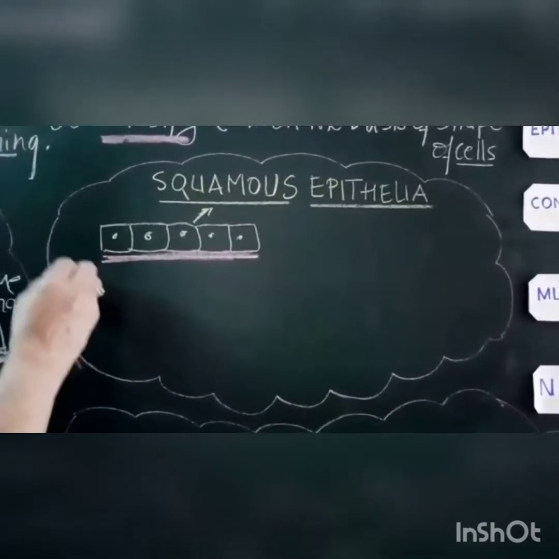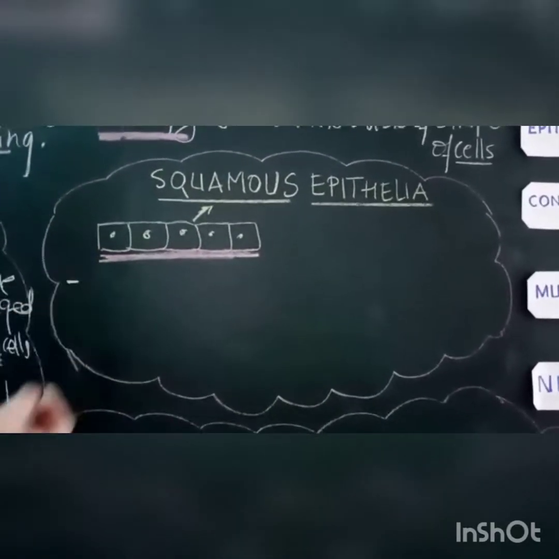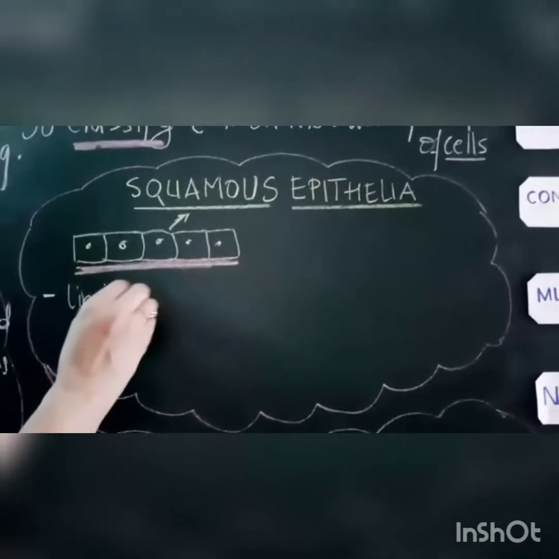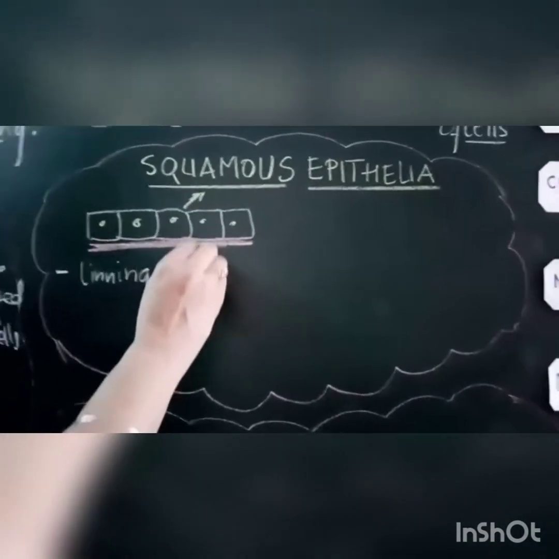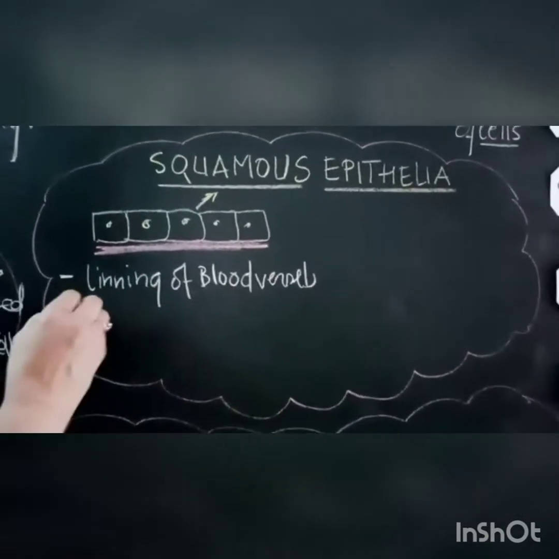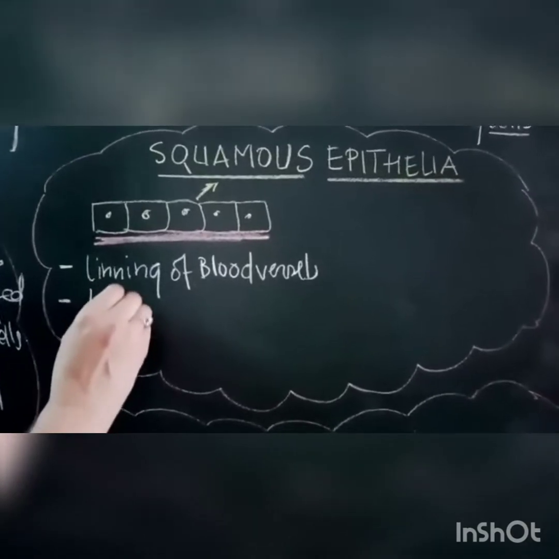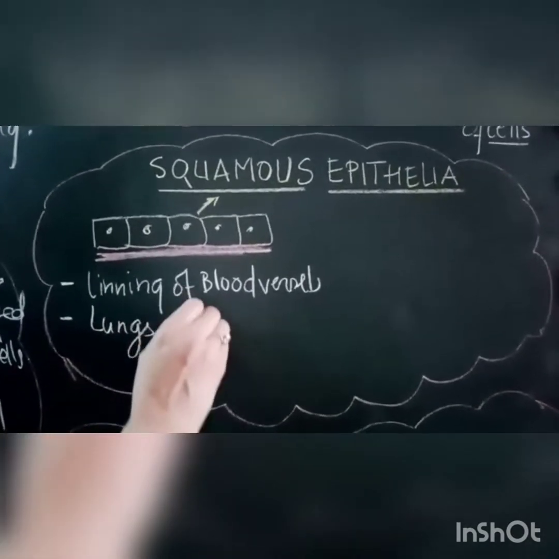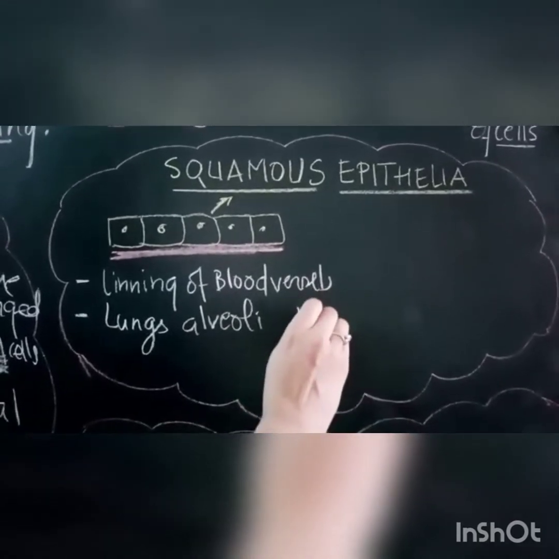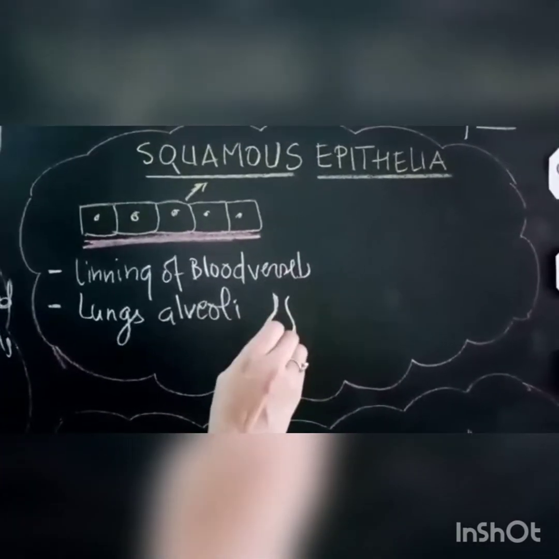Now we can list the examples. They are present in the lining of blood vessels. They are present in the lining of lung alveoli. We have done this in 7th class. Lungs terminate into balloon-like structures called alveoli.